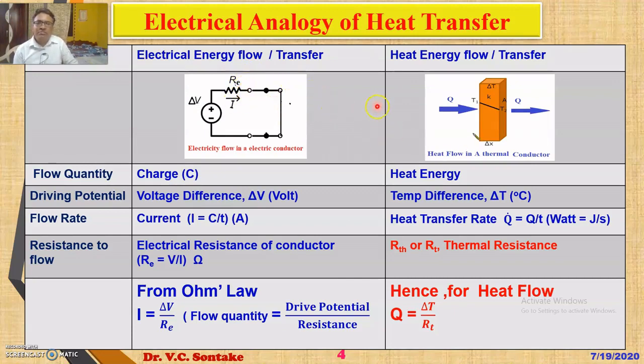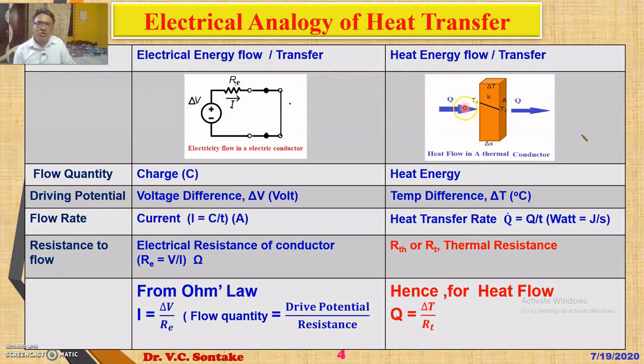Keeping in mind the same phenomena, let us consider a thermal conductor having delta T temperature difference maintained across its left and right faces. Now, by virtue of this temperature difference, heat transfer will take place from left to right face at some rate. In case of thermal conductor, delta T temperature difference corresponds to voltage difference in electrical heat transfer.